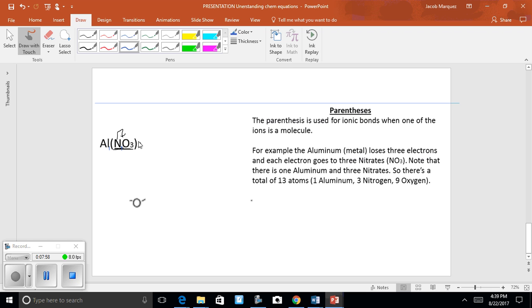Now notice there's another subscript out here. So we close the parentheses, there's another subscript. This last subscript outside of the parentheses tells us that there's 3 of these molecules. There's 3 NO3s.